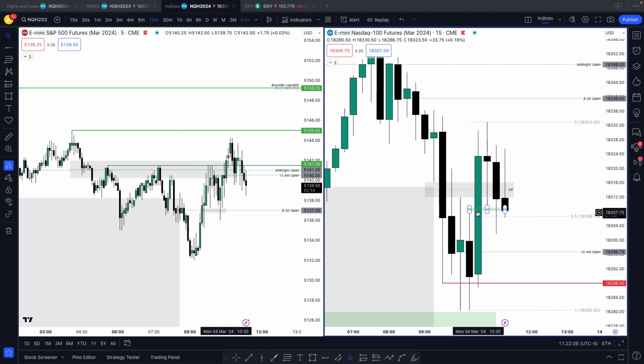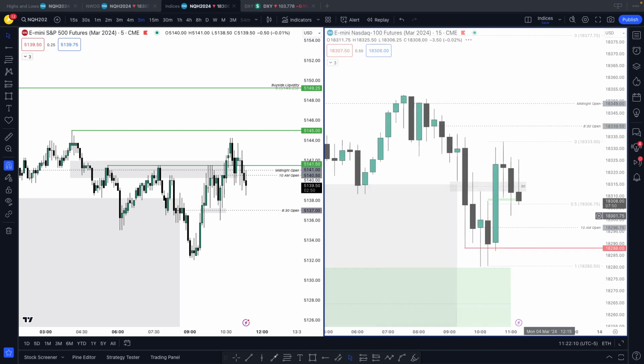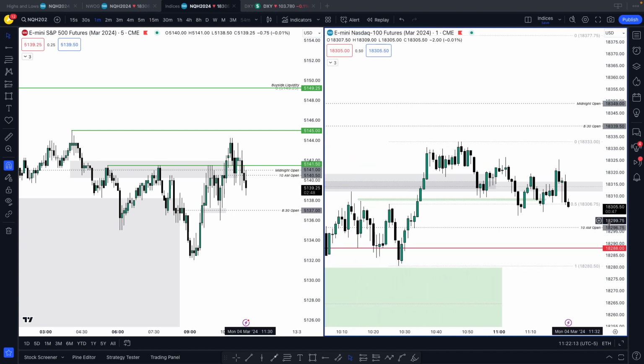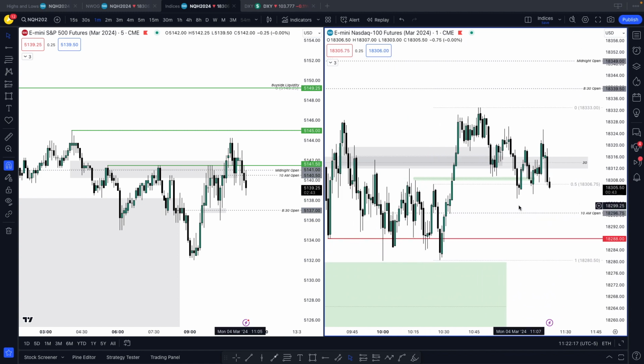So now we have the 15-minute BISI right here, which price is trading back into. That inefficiency there.